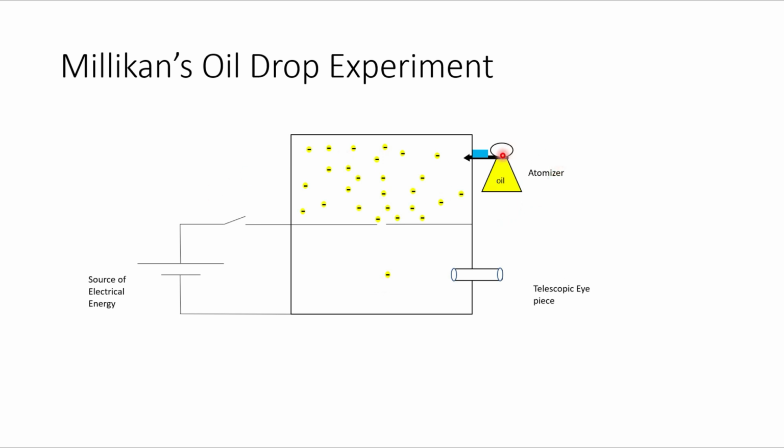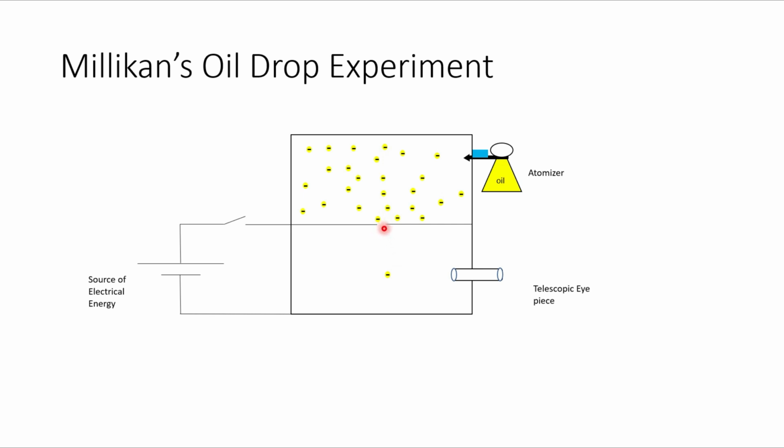So when oil was sprayed from this atomizer through the nozzle, it passed through this blue part, which is the cathode, that resulted in negatively charged oil droplets. The oil droplets will start falling down due to gravity until one or some of them pass through this tiny hole.